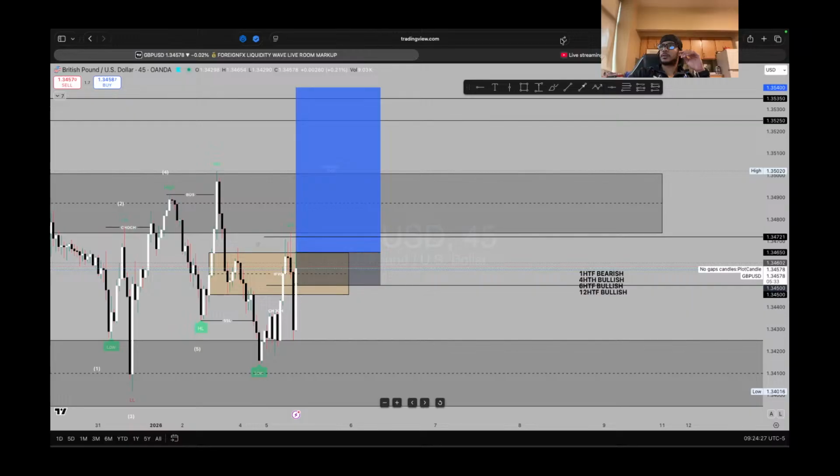Honestly, from looking at the 4 hour time frame, I think I could go with taking that break of the high because it's gonna be a full-blown displacement. On the 1 hour time frame, it looks promising. On the 1 hour, you can see we failed to sweep this low.